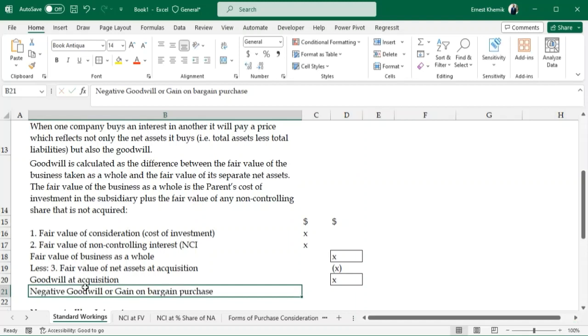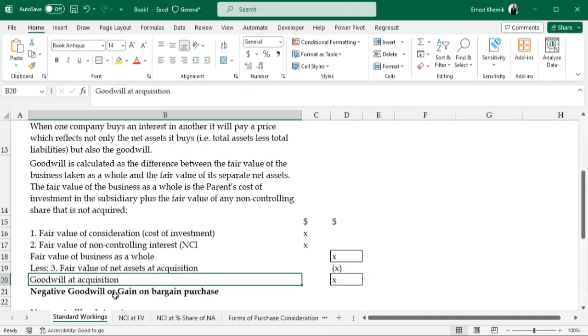So this can happen. All right. So IFRS 3 business combinations refers to this as negative goodwill or gain on bargain purchase. Now, gain on bargain purchase is the most common term that we use.